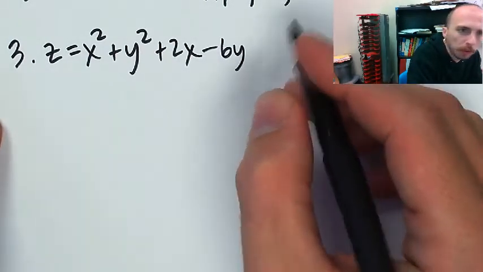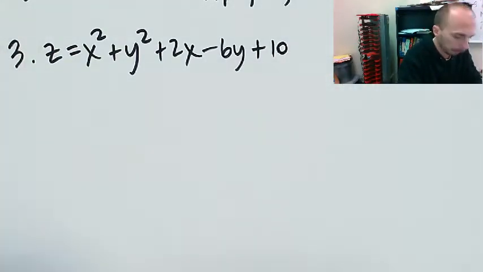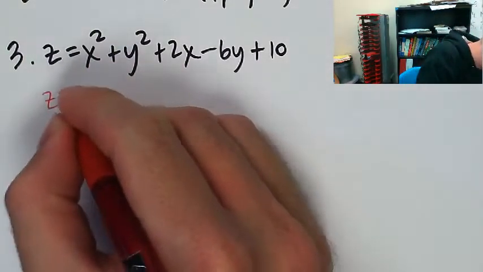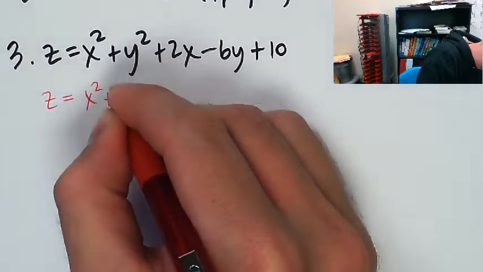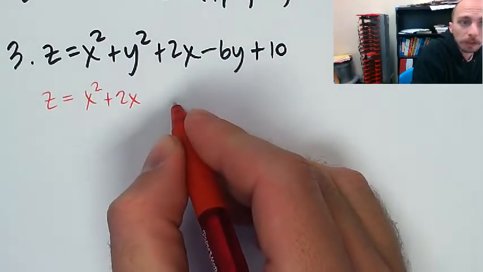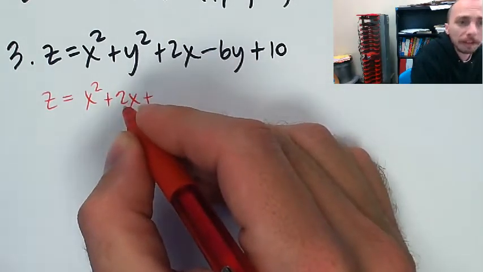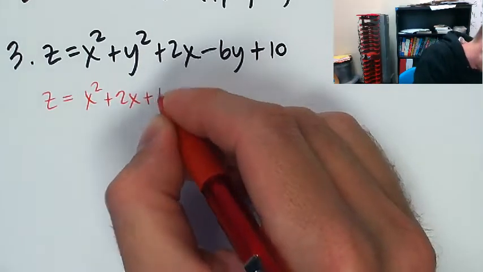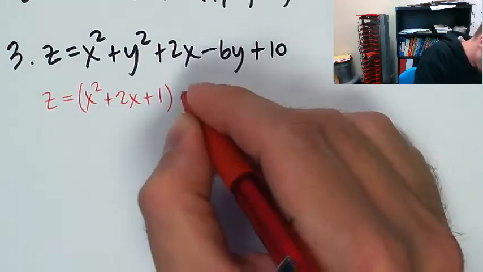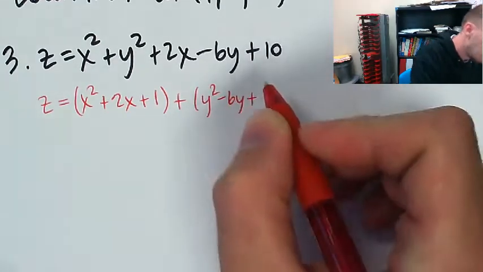I'll collect all the things that have an x in them together: z equals x squared plus 2x, and I'll turn this into a perfect square by dividing the 2 in half and squaring it, so 1 squared is 1, plus y squared minus 6y.